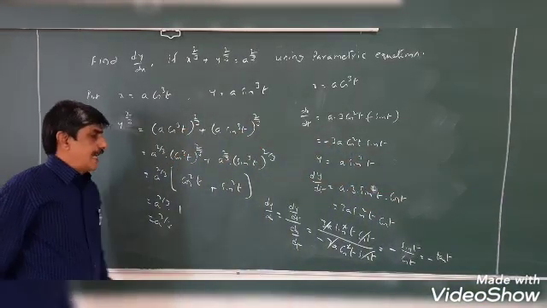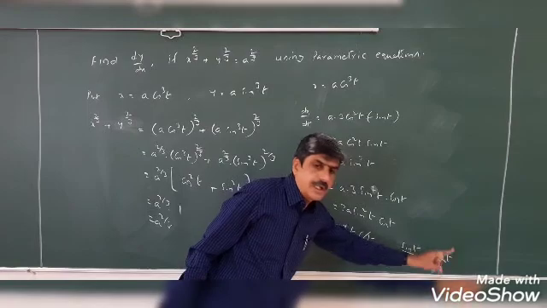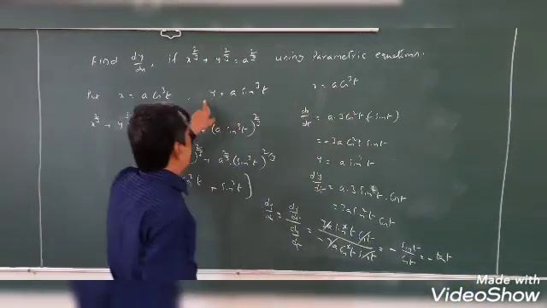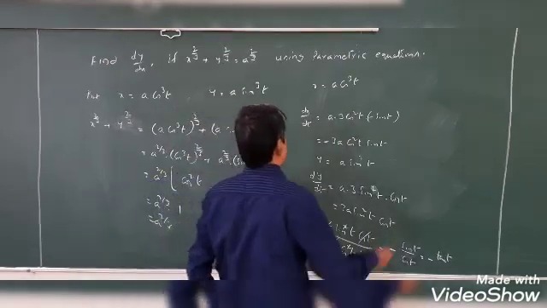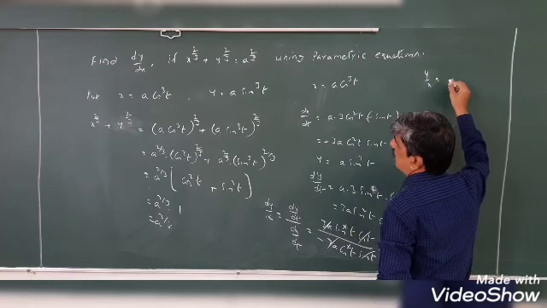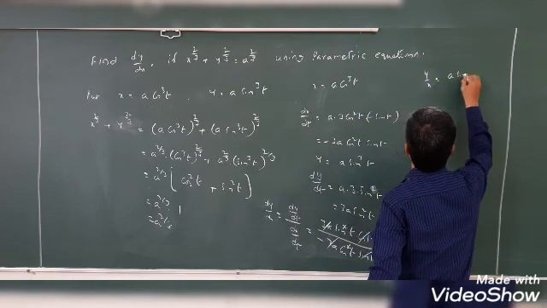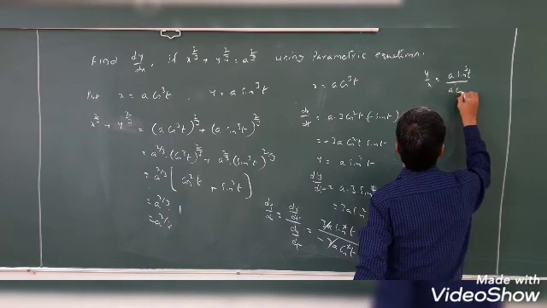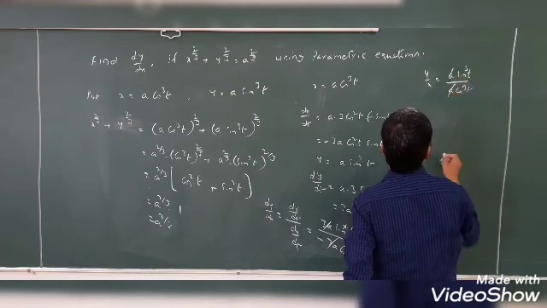Now we want to write this answer dy by dx not in t terminology. So x is equal to a cos cube t, y is equal to a sin cube t. So y by x is equal to a sin cube t by a cos cube t. So a gets cancelled.